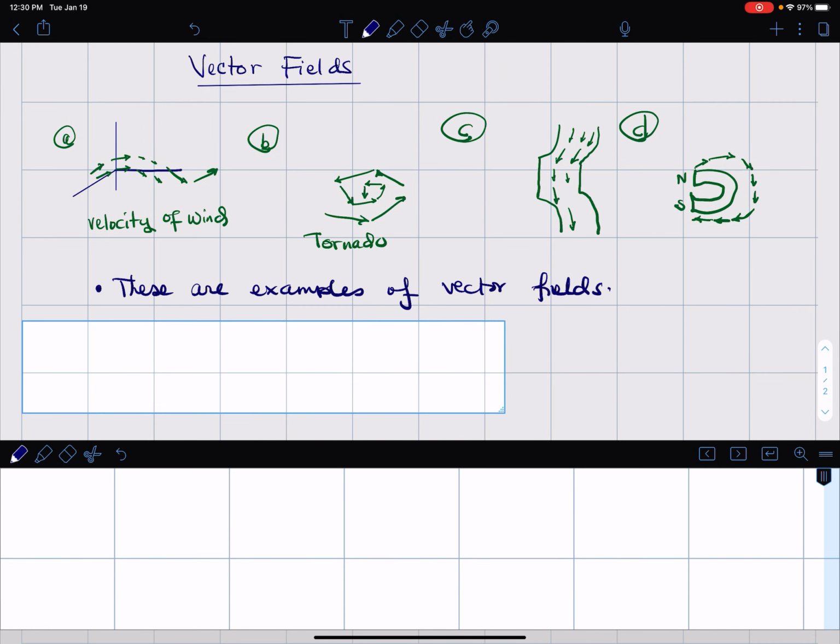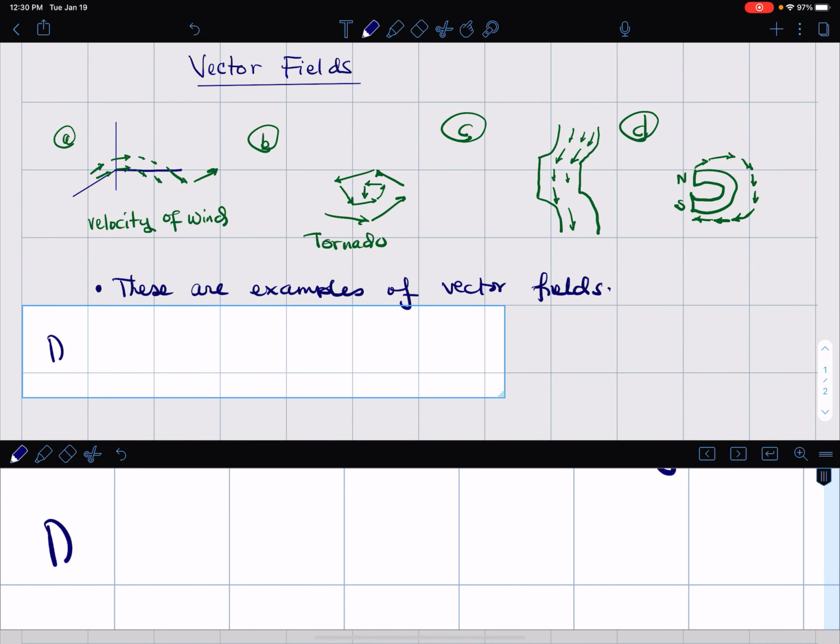And this would allow us now to give a semi-formal definition of what a vector field is.